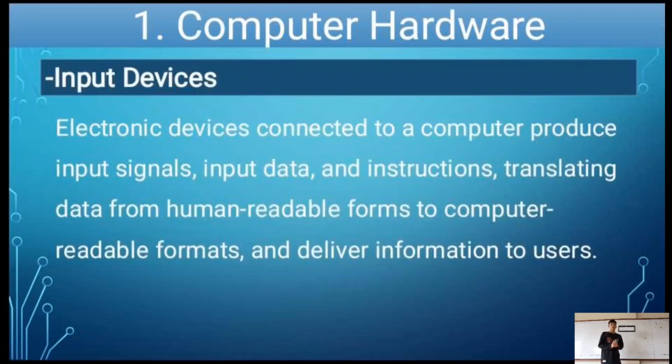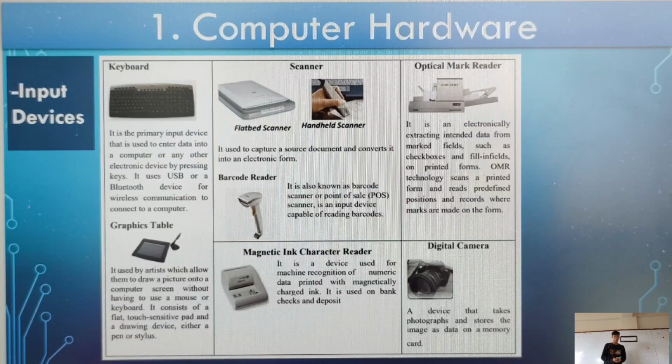Input devices are electronic devices connected to a computer that receive signals and instructions, translating data from human readable form to computer readable form, and deliver information to users. Classification of input devices: input devices for text and image, input devices for audio, input devices for video.